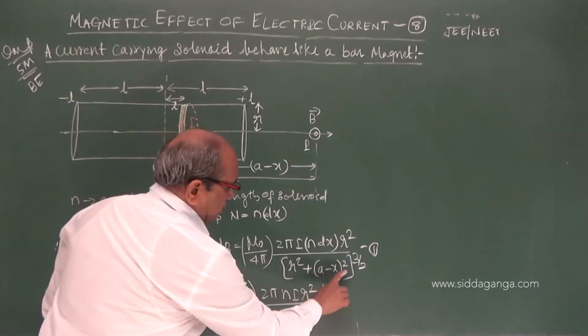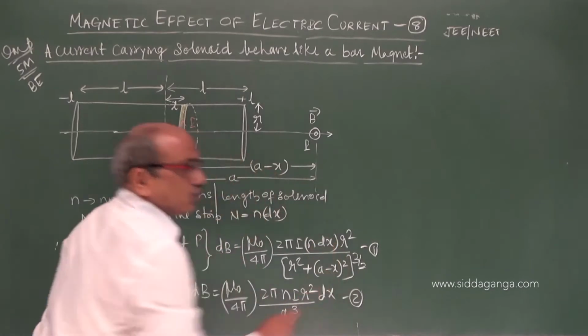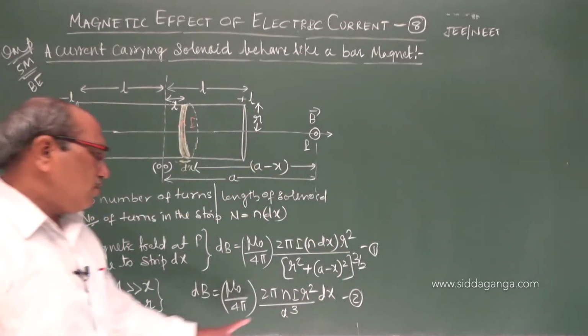Therefore a square cancels, and we remain with a cube. This is equation 2. We got this relation.